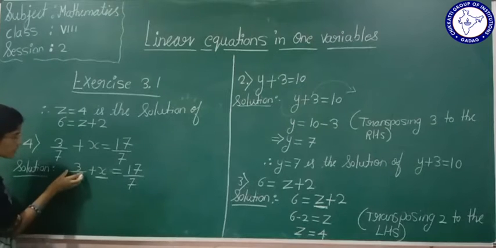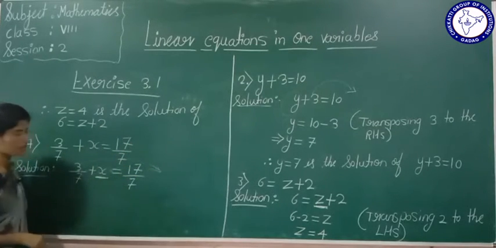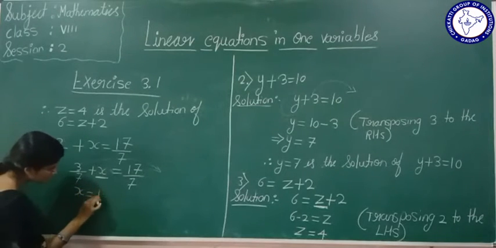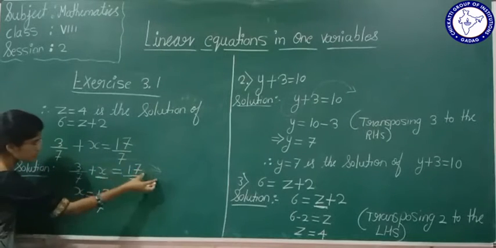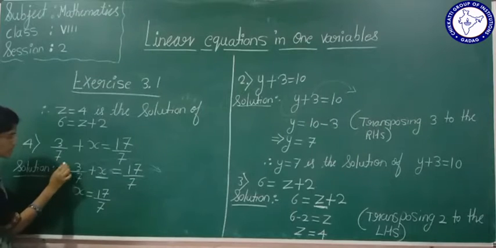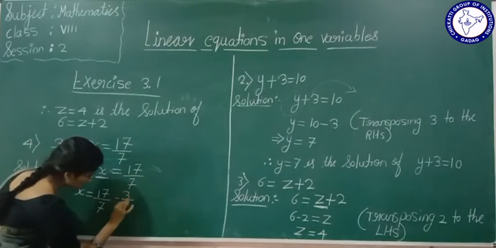What will we do? Transposing 3 by 7 to the RHS. That will be x is equal to 17 by 7. If you transpose, the sign will be changed. Here plus 3 by 7, if it goes to that side, will become minus 3 by 7.